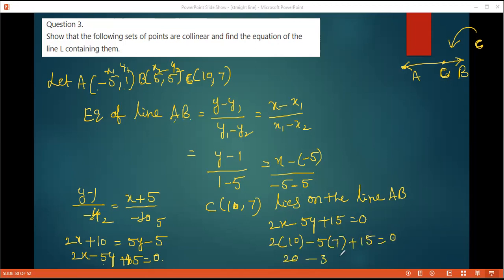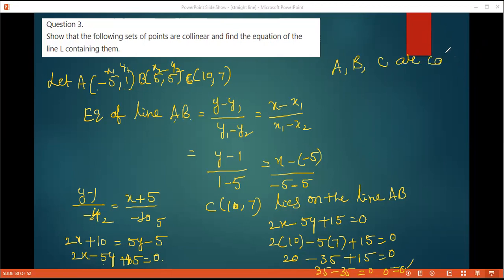So 20 minus 35 plus 15: 20 plus 15 is 35, minus 35. So 0 is equal to 0. It is satisfied, right? So we can say that 10 comma 7 is a point that lies on the line, because it is satisfying. So we can say directly that A, B, C are collinear.